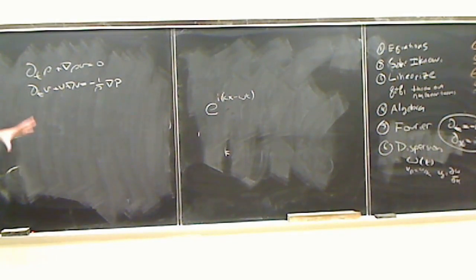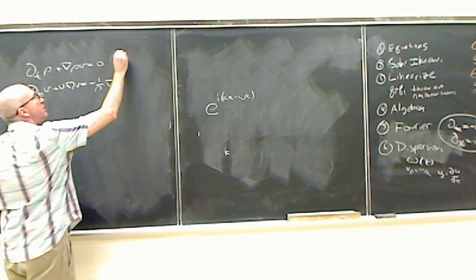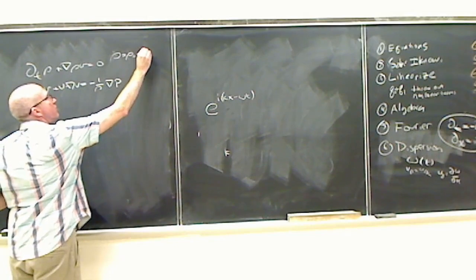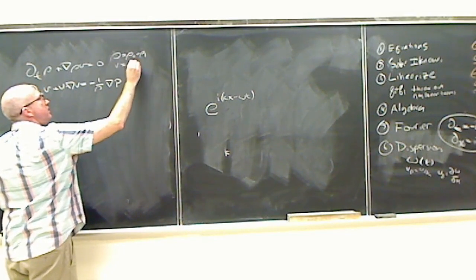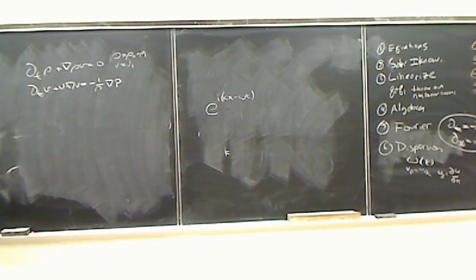Now we linearize it, where we're going to send rho equal to rho naught plus rho 1, and v equal to v1, where v naught is 0 and v1 is small. And I'm going to do the Fourier analysis here too. So I'm going to swap all of these x's with k's, and all of these t's with omegas.